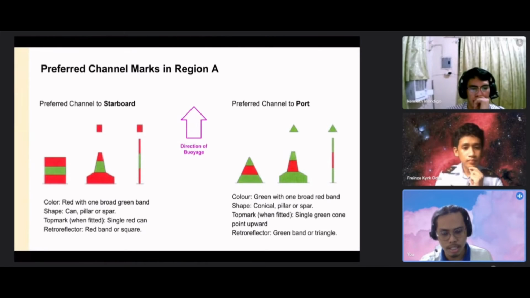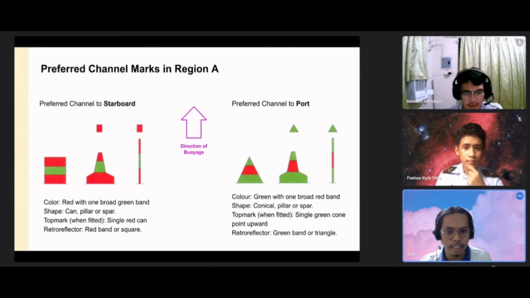It means it is better for your vessel to head to starboard. Its color is red with one broad green band. Its shape can be a can, pillar, or spar. When fitted, its top mark is a single red can, and retroreflectors are a red band or square.